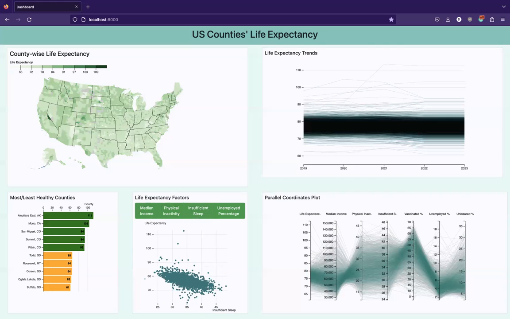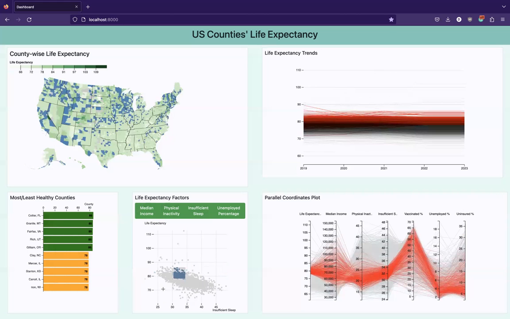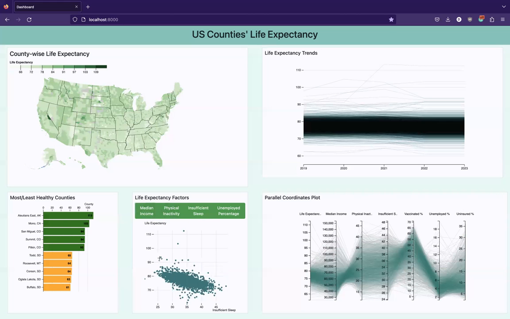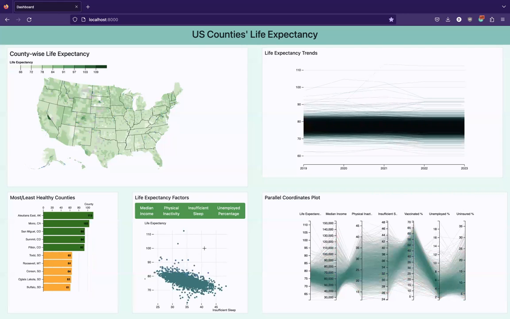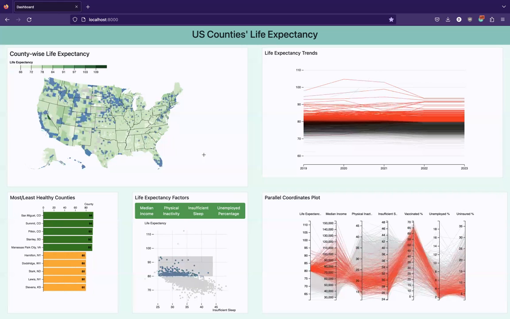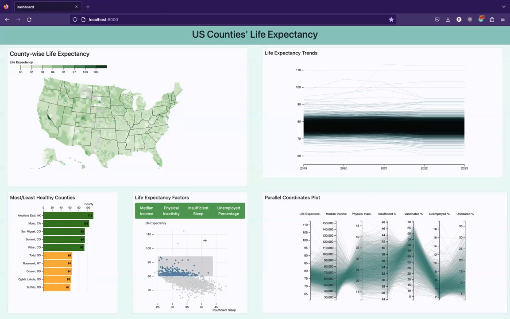If we make a selection over here in the insufficient sleep, let's say those having a higher life expectancy, we see that all the other charts get updated, showing the same thing, that higher life expectancy is evenly distributed across the choropleth, across the counties in the US. And there is not much of a correlation between unemployed percentage and the life expectancy.